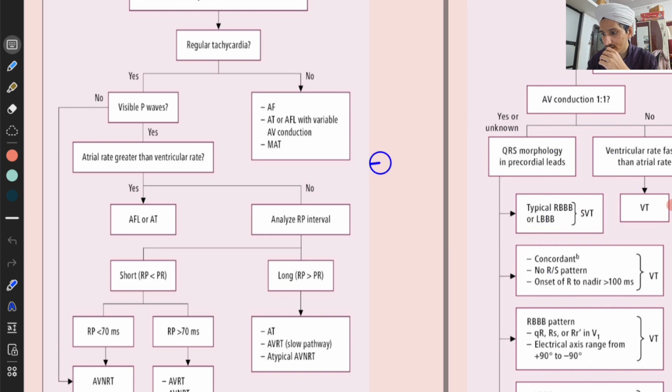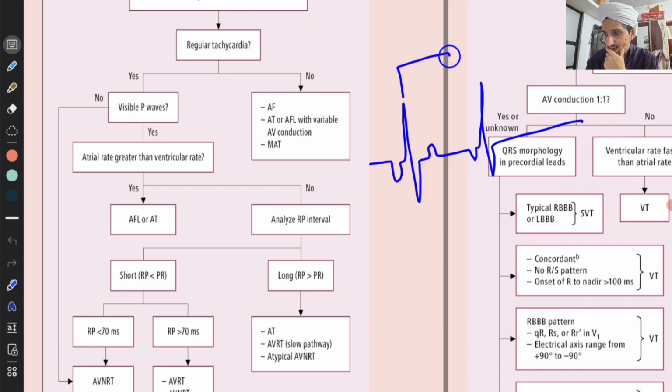Clearly I will draw here. This is RP and this one is PR.